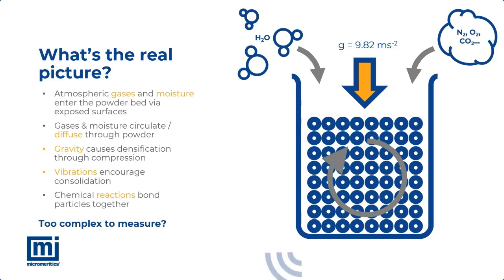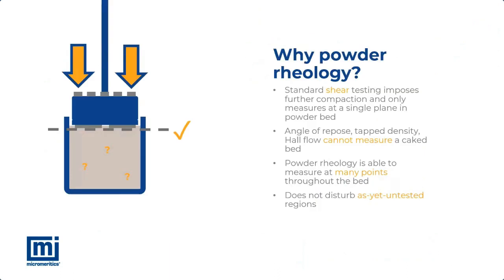These processes all add together to leave us with a powder which may be markedly different in behaviour to the one we started with, and of course, increased exposure to these forces over time can increase the severity of their effects. Now seems like a good time to discuss why it is that powder rheometry is the tool of choice when investigating powder caking.